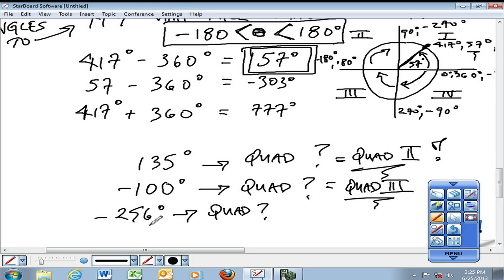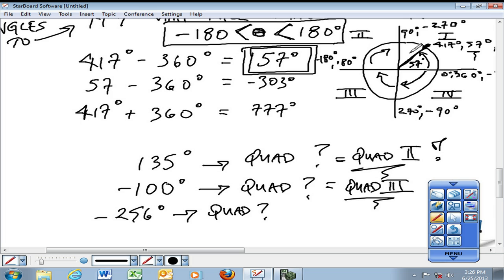Now, of course, you can go to the complex plane and say, there are my negative angles. Here I'm going clockwise. So there's my negative 90, negative 180, negative 270. Let me make my 270 look more 270 like. There we go. And of course, negative 360.